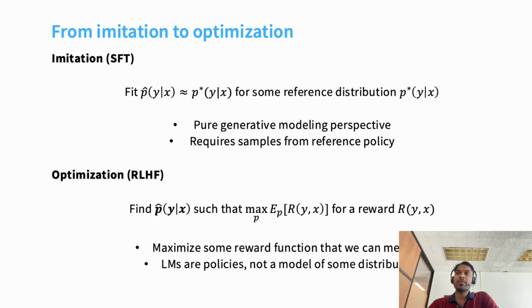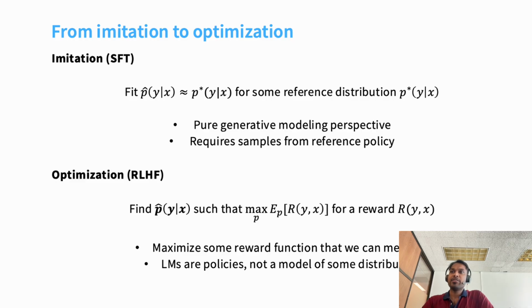In the supervised fine-tuning setting, we have input-output pairs, P star of y given x, which is some model of the world. And that is some input-output samples that serve as a reference distribution. We are trying to make our policy or our model as close as possible to this reference distribution by trying to imitate these samples. And hence sometimes SFT is also called imitation learning.